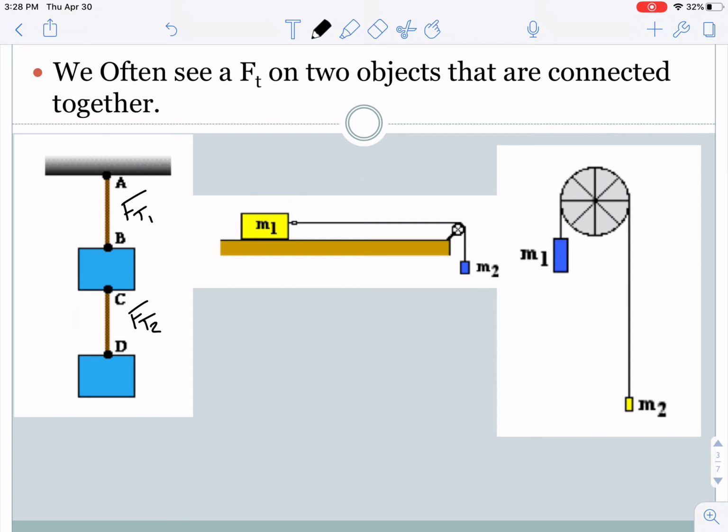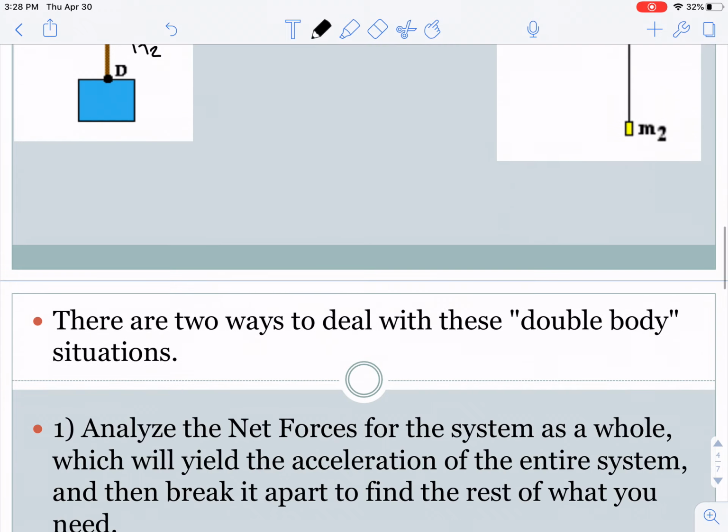In these problems, we're going to have to start looking at these multi-masses as a system together, so both objects together, and then we're going to have to look at them individually. And I'll show you what that means later.